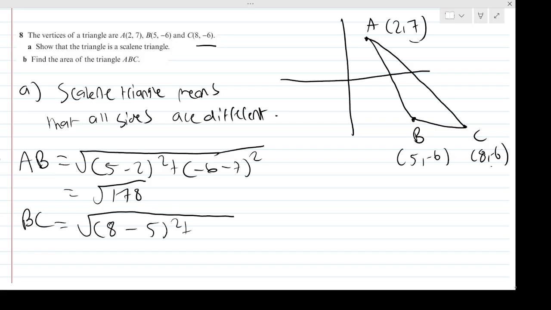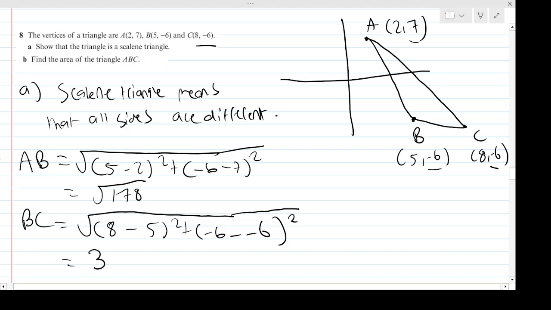Then change in y, so minus 6, take away minus 6. Put that in the calculator. So root of 8 minus 5 squared plus minus 6 take away minus 6, which is plus 6. So minus 6 plus 6 is 0, but you put that in the calculator, you get positive 3.